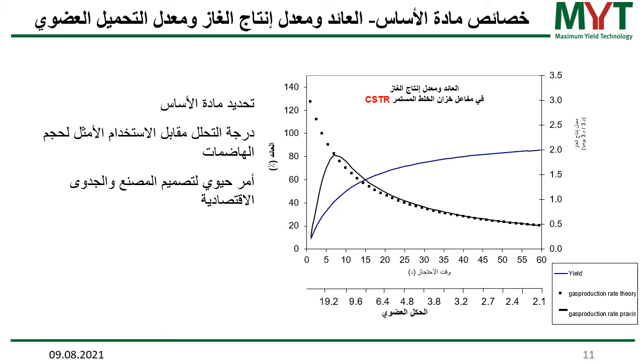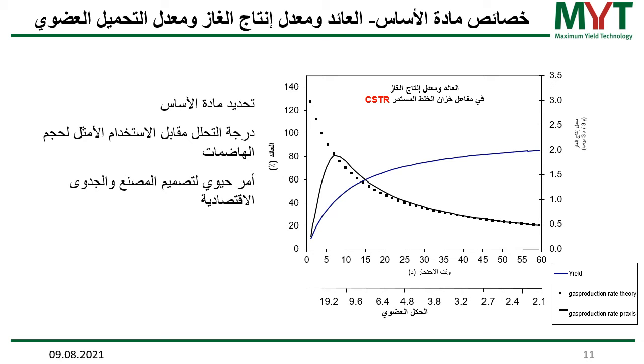And this is the point where you have to actually make the decision between a very high yield and the other factor, which is given here as a specific gas production rate, which means specific gas production to the volume of the digester.